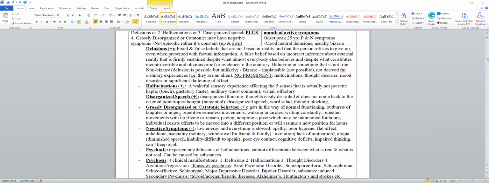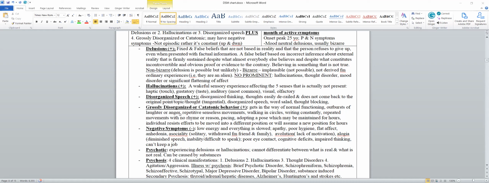Hallucinations are a wakeful sensory experience affecting the five senses that is actually not present. So haptic touch, gustatory taste, auditory, which is the most common, visual, olfactory, which is smell. So they're perceiving something through their senses. They think they're perceiving something, but they're not because it's not actually there.